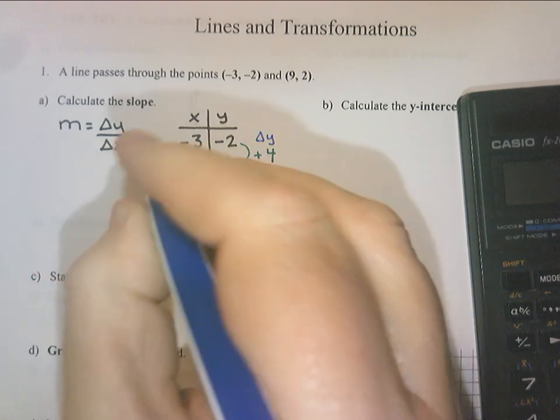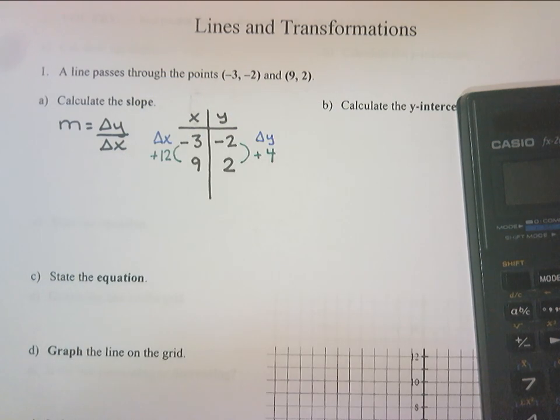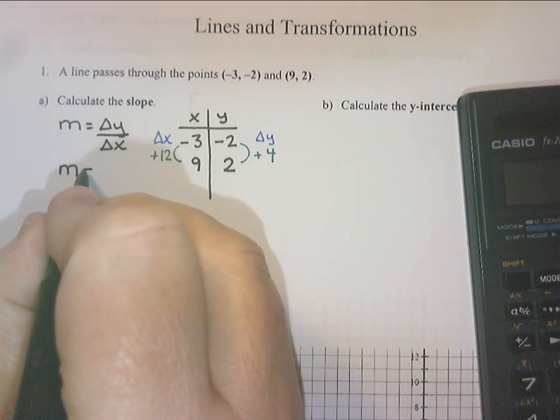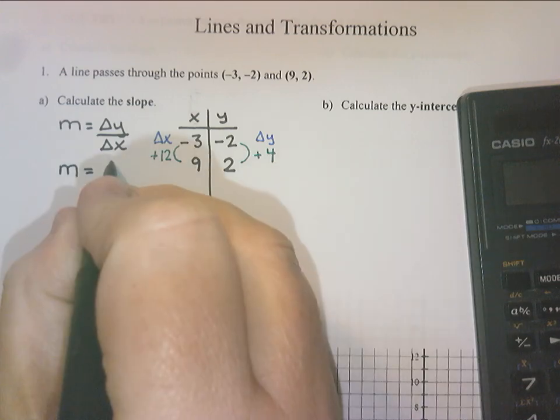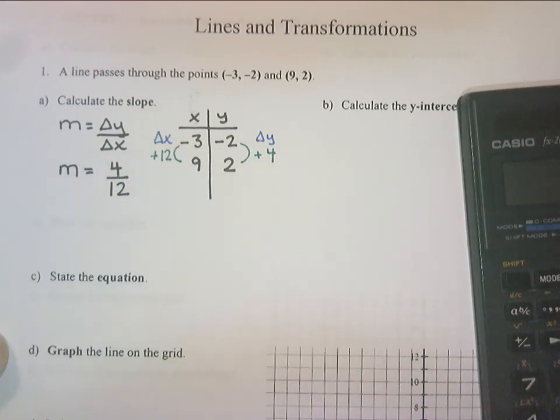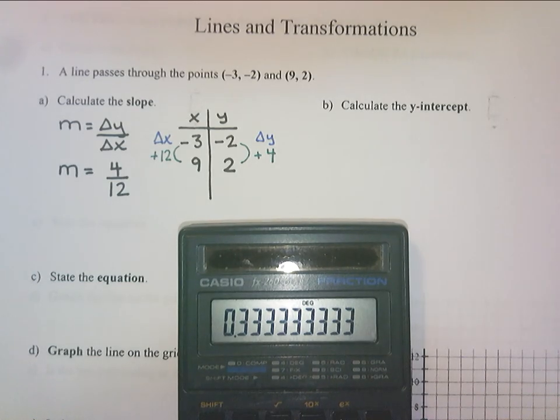Delta x is the difference on our x side, so that's the +12. So when I go to calculate my slope, which is delta y over delta x, I'm doing +4 divided by +12. Now, 4 does not divide evenly by 12, I get a decimal.